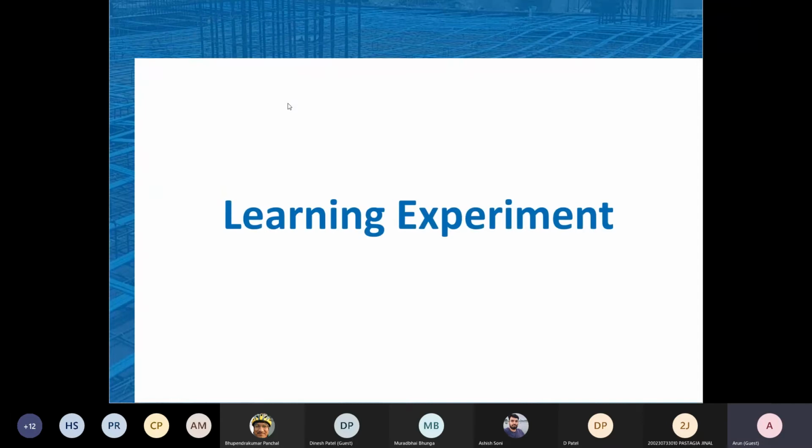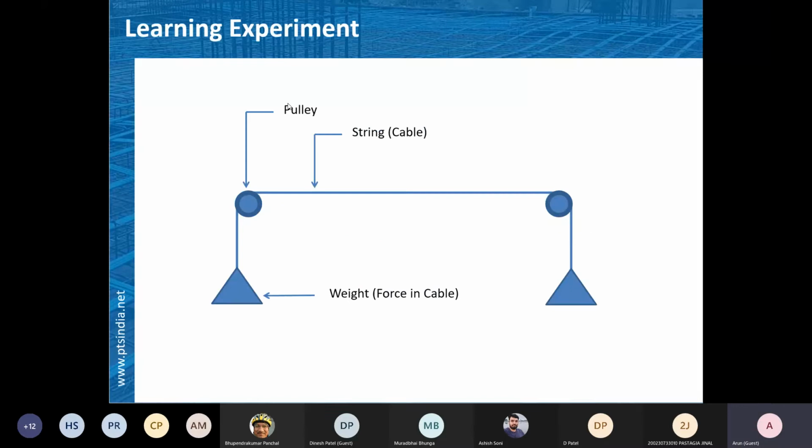Let us again go back to one of the learning experiments we must have done in our theory of structures lab or structural analysis lab. Something like this: there are two frictionless pulleys, and there is a string or cable, and at the ends of the string there is a weight.